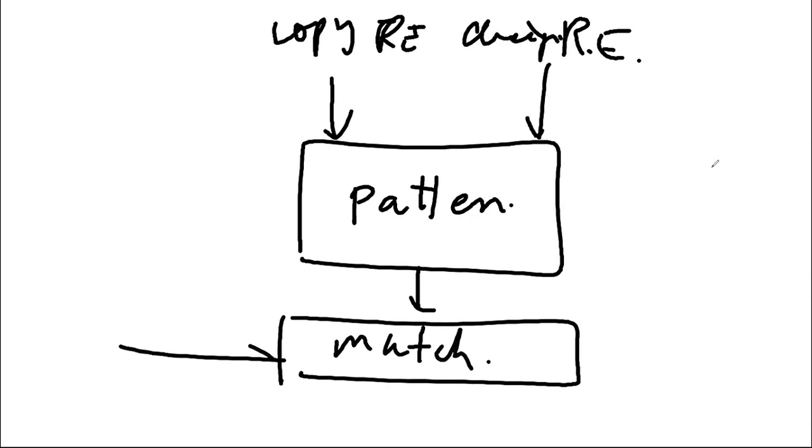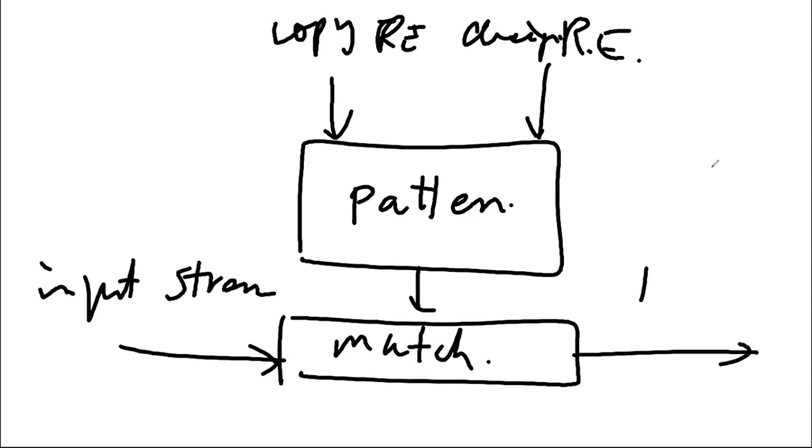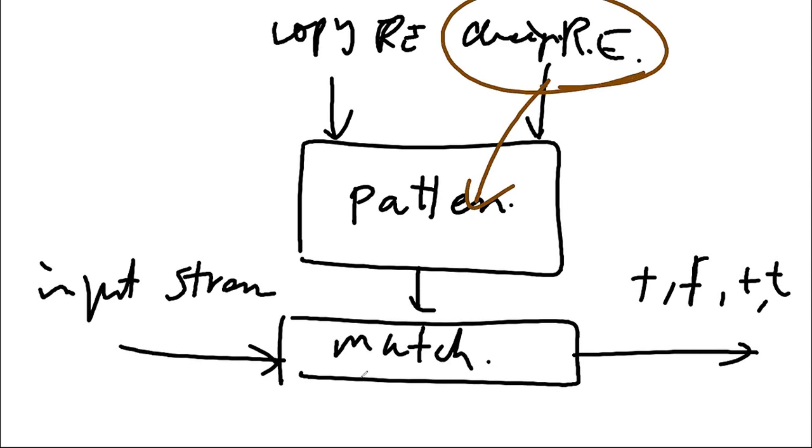Your input strings are passed in here, and one by one they are qualified, giving true or false. So the design process usually starts from designing this regular expression pattern, then putting it in here to create a pattern, and then doing the matching.